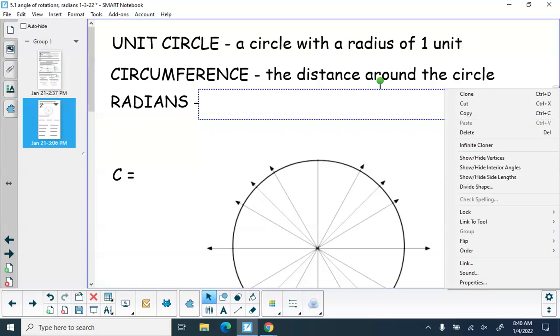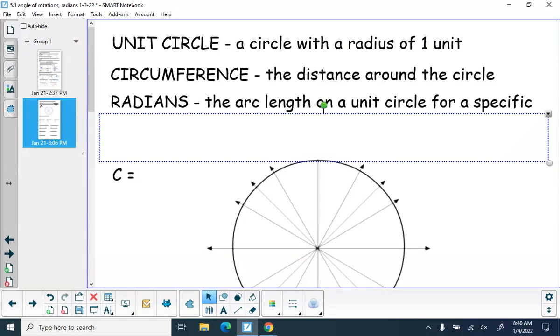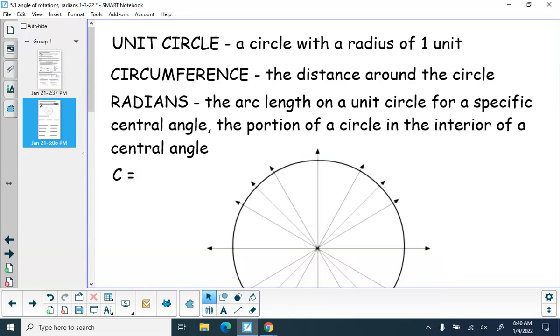When we work with radians, this is the arc length on a unit circle for a specific central angle.